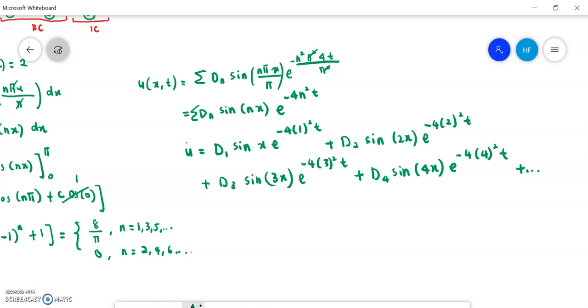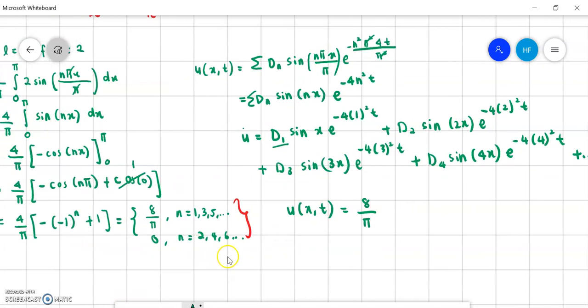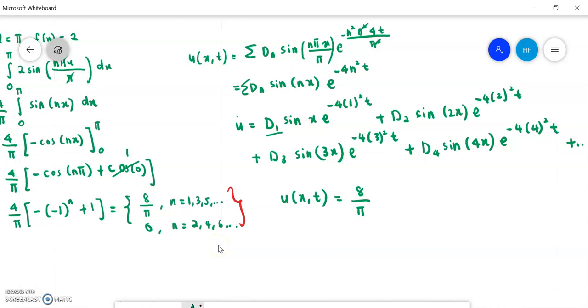Then now we substitute T_1 with this function. Where we have u as T_1, when n is equal to 1, T_1 will be 8 over pi sine x e to the power of negative 4 times 1 squared t, and T_2 is equal to 0, so this will be equal to 0.